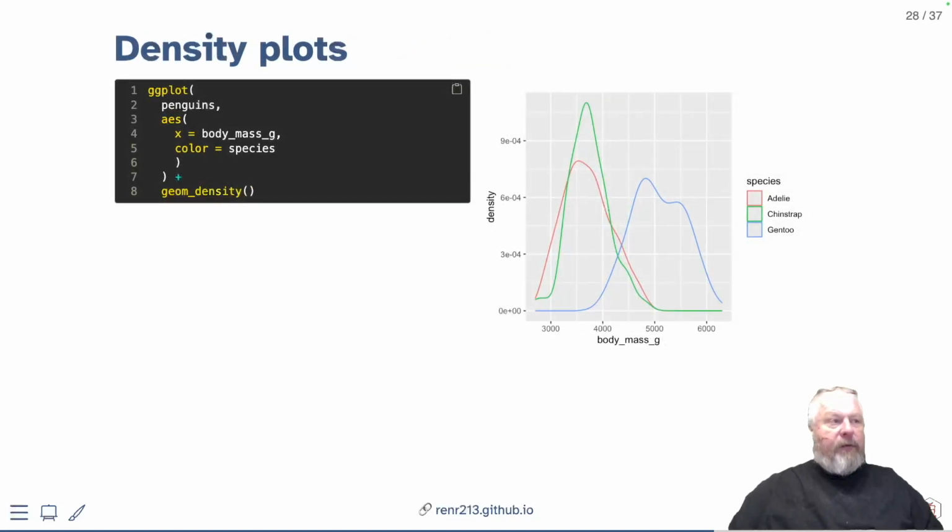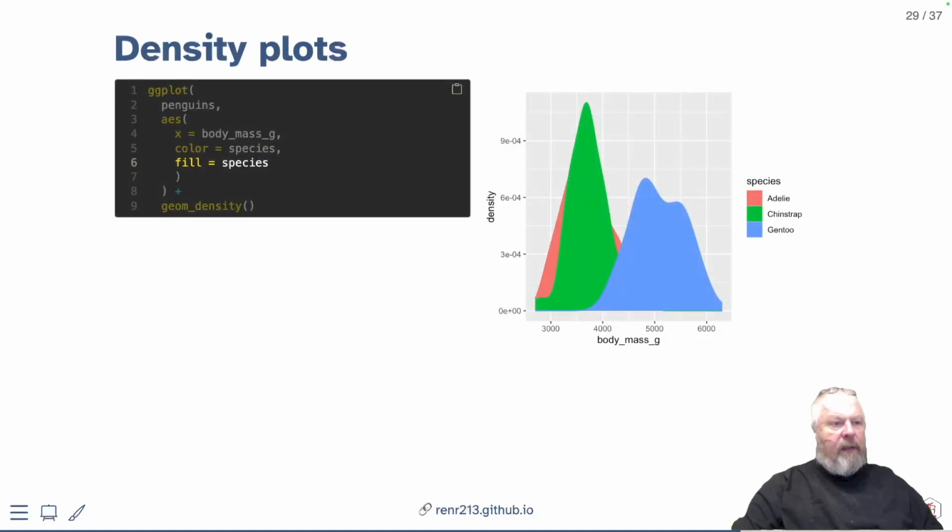You can see a similar thing using density plots. So in some instances, this might be a better way of representing things. This is just with lines separated by color. We can fill the plots, which could be helpful in some cases.